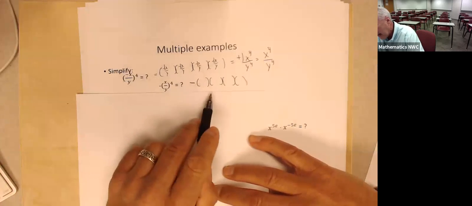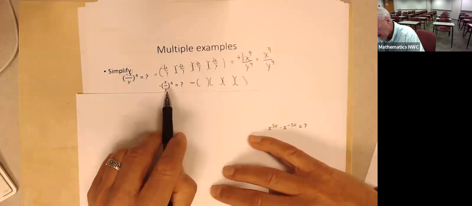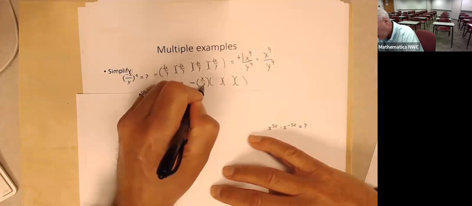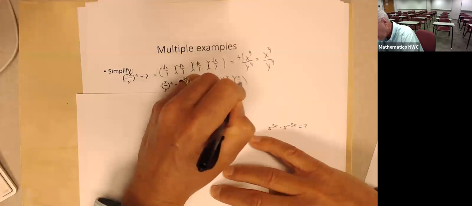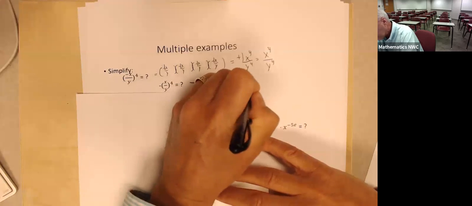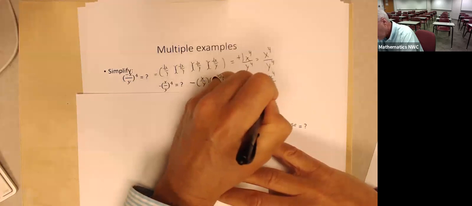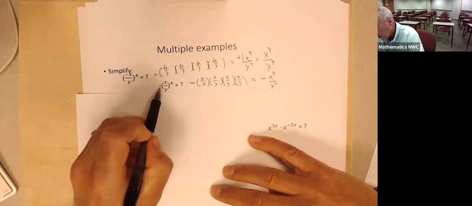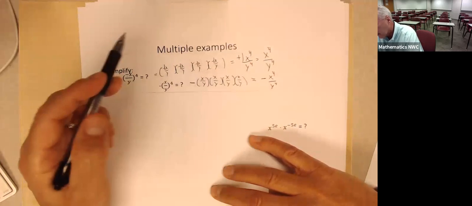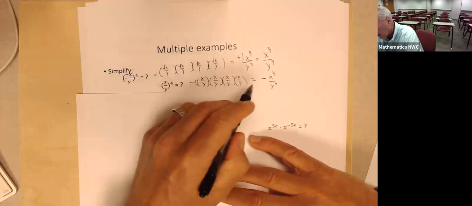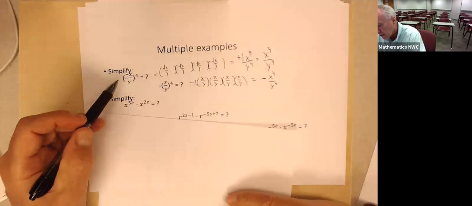The negative is not in the parentheses. It's just one time out front. So I've just got x over y every time. No negative in the parentheses. So I've only got one negative, which means my answer will be a negative. I got x to the 4th over y to the 4th. So this one, because the negative was not raised to the power, it's just one negative that tails along. It's like a negative 1. I could have written a negative 1 there as well. Big difference between the two.